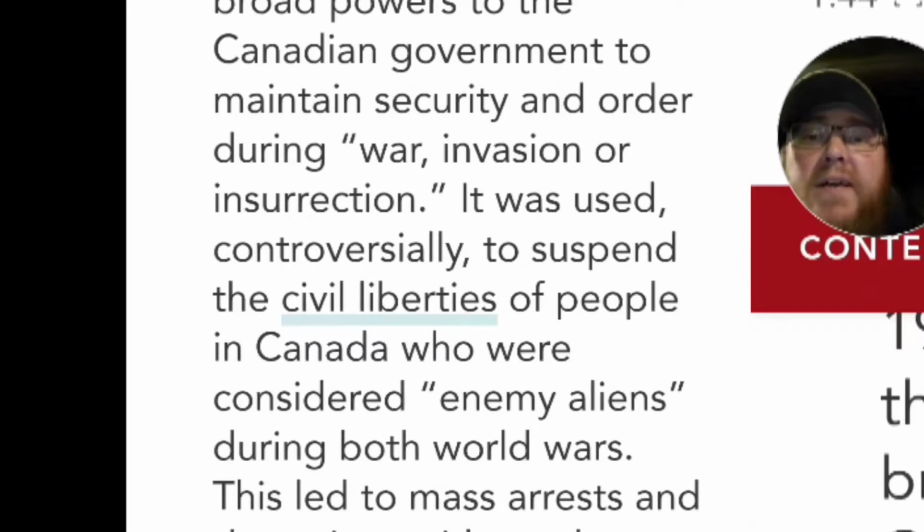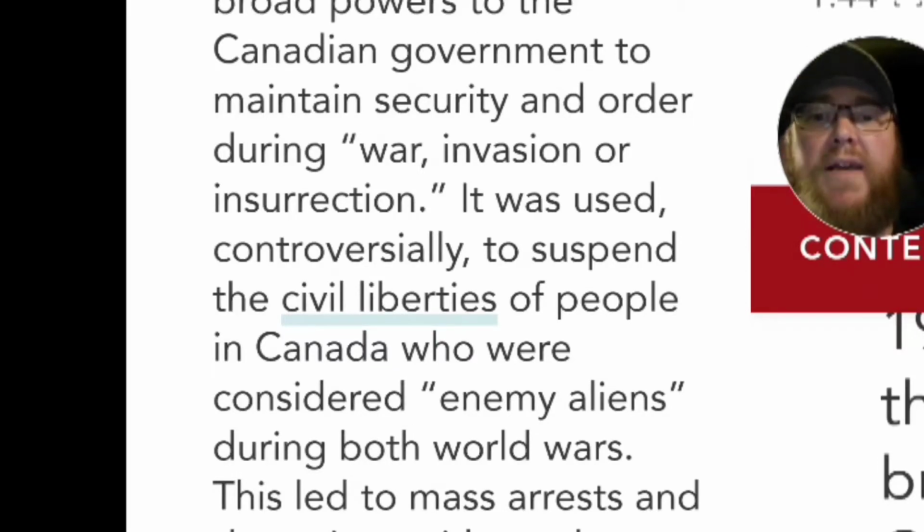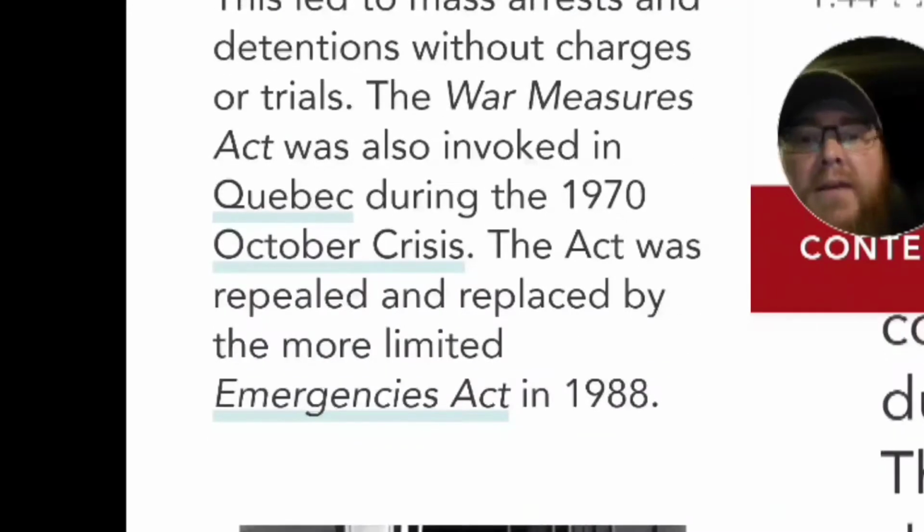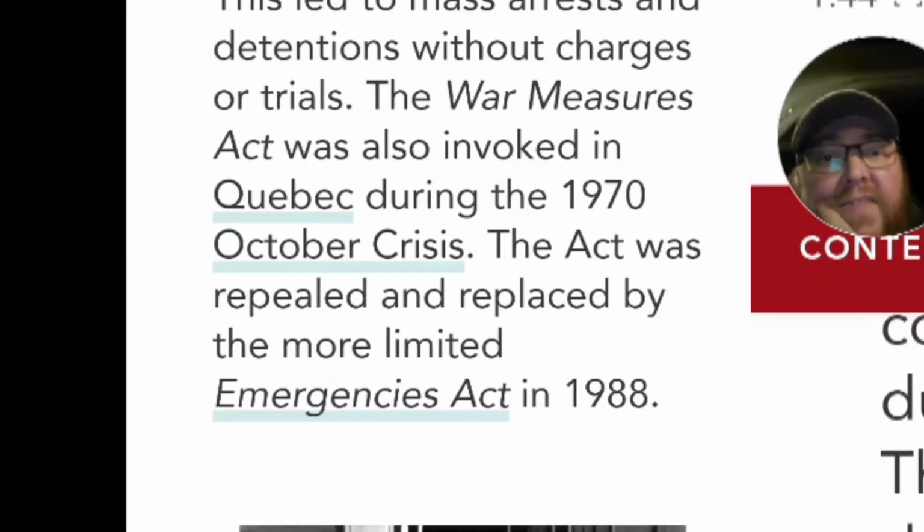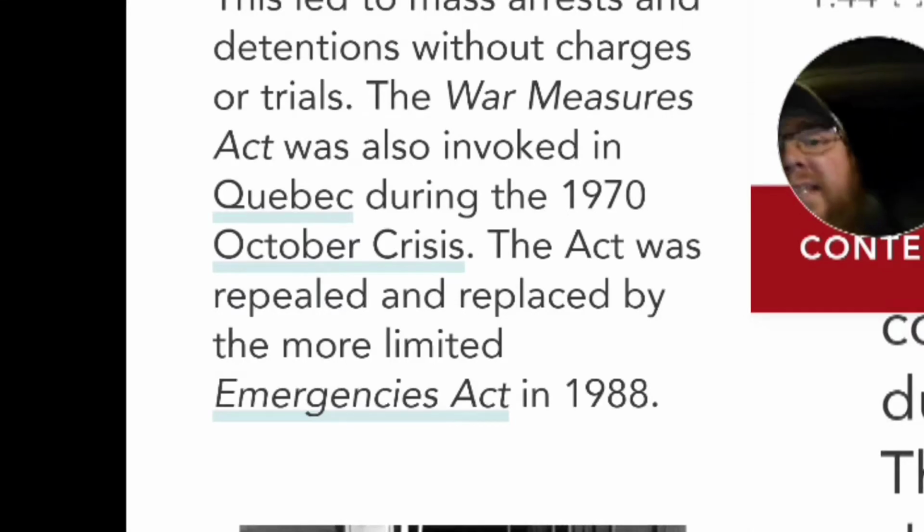So it was designed to take control and eliminate what we today call civil liberties. And it was used again for World War II and also in 1970 within Canada without a war by Justin Trudeau's father, Pierre Trudeau, when there was an insurrection with the FLQ terrorists. And it was replaced in 1988 with the Emergencies Act.